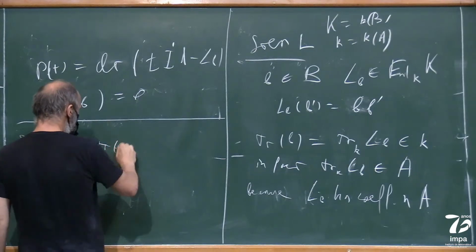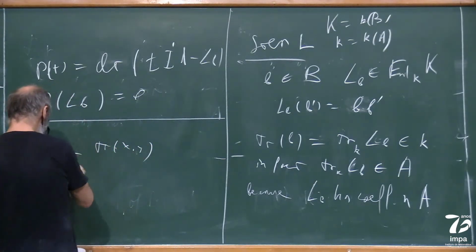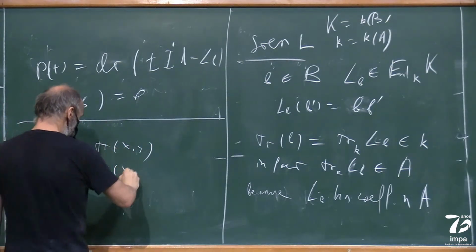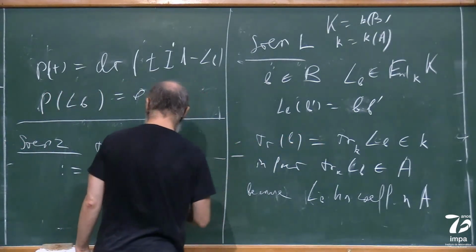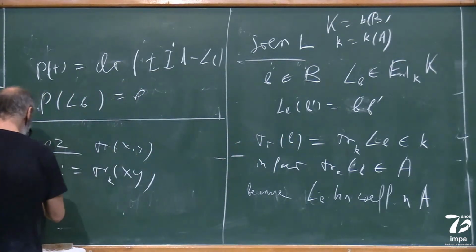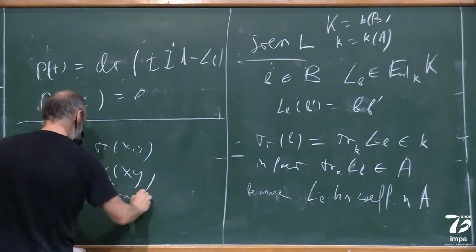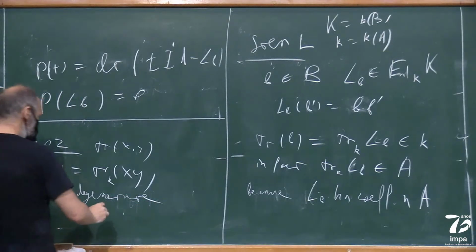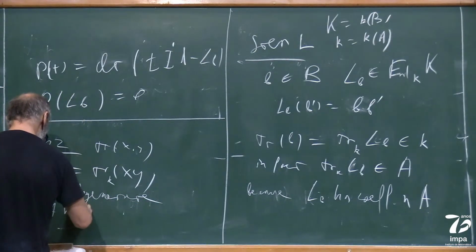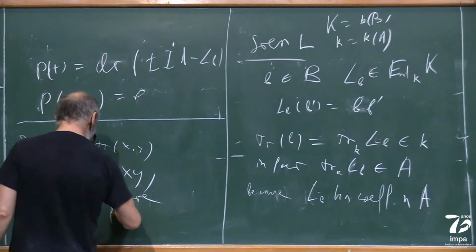Trace form of xy is by definition equal to trace of xy, and it's a non-degenerate A-valued form on B.